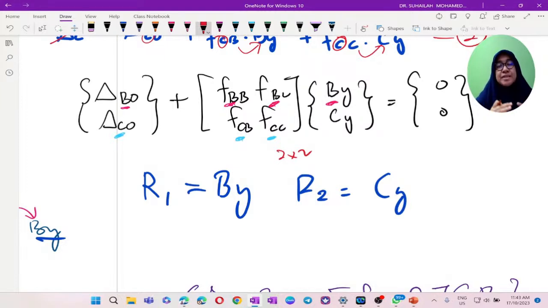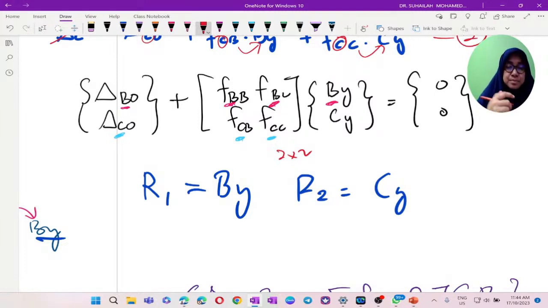So when we have the standard form of compatibility equation in numbering, we will apply the same equation to all types of structure. We can use the same compatibility equation for other types of structure and other positions of redundant.